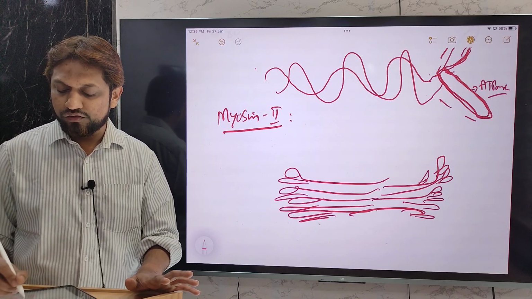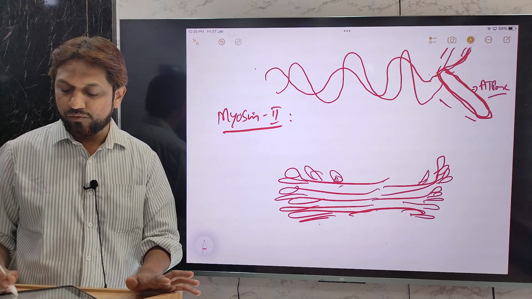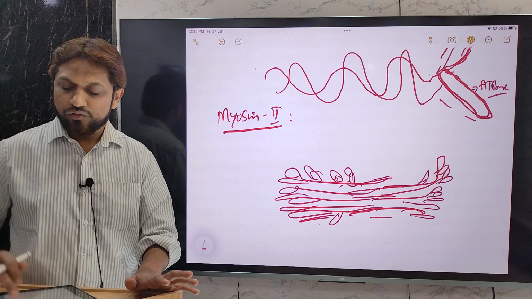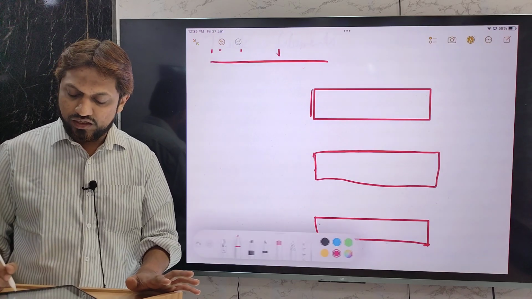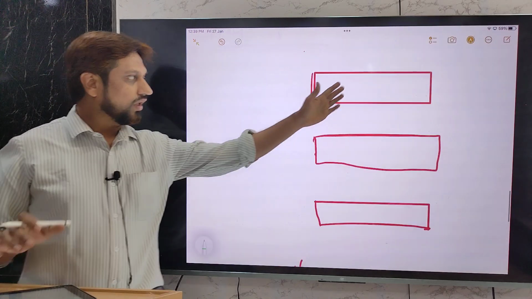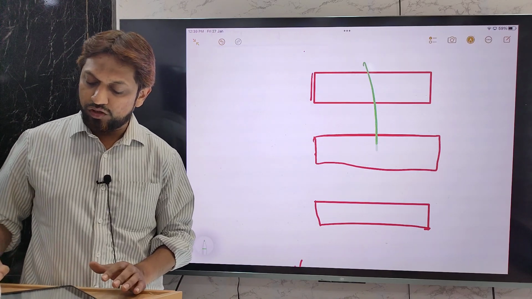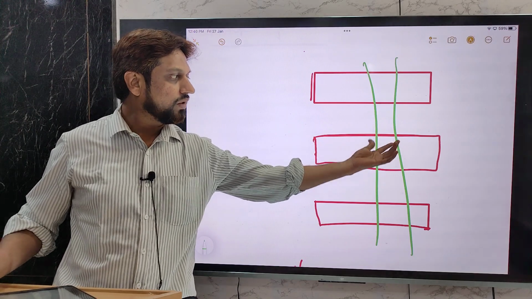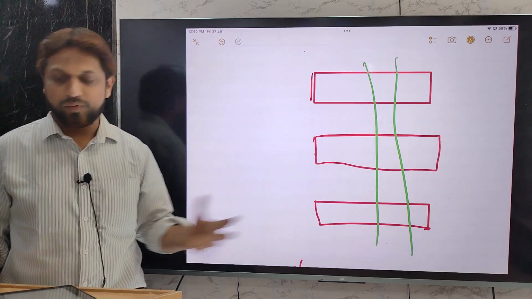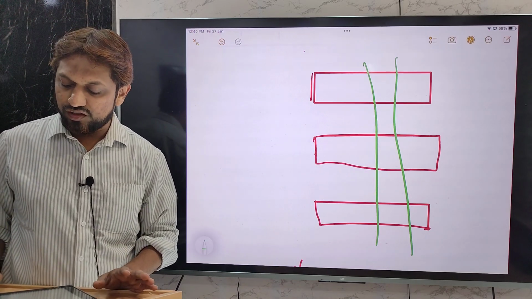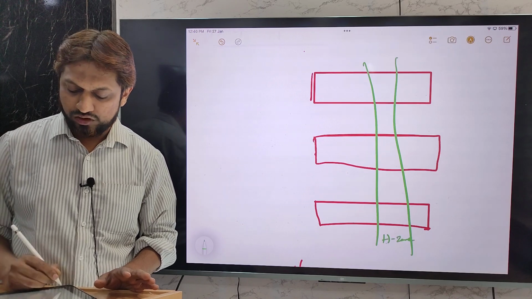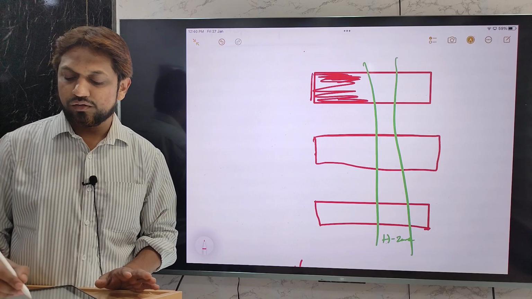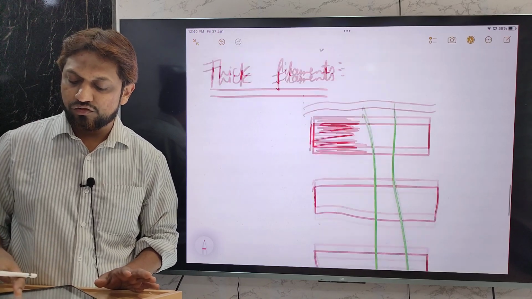Because of this typical arrangement, the center will appear a bit thinner, though it is a dark filament; the center region appears lighter compared to the periphery. This thinner portion is known as the H zone, whereas the peripheral portion together totally constitutes the A band.